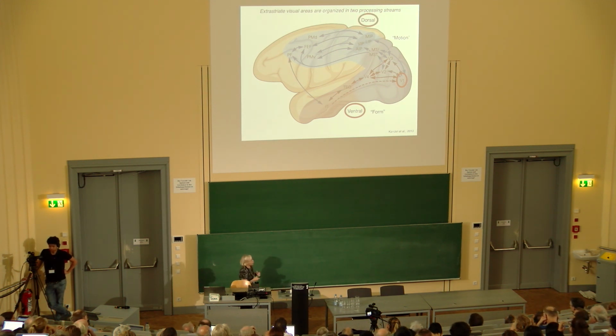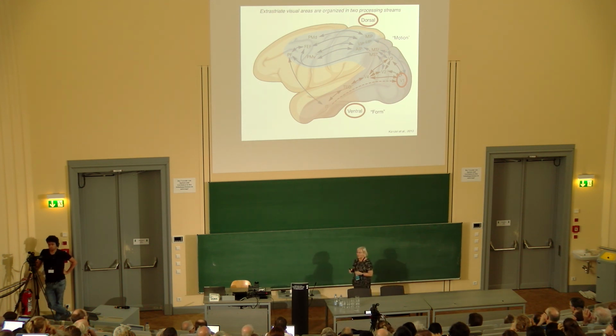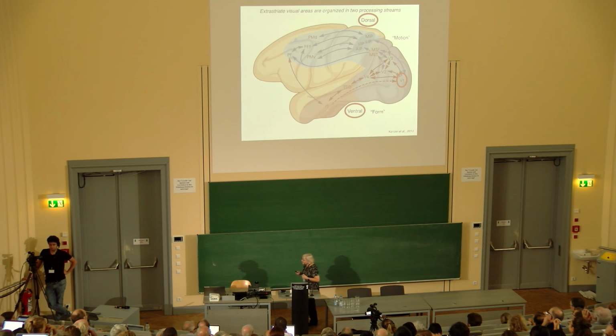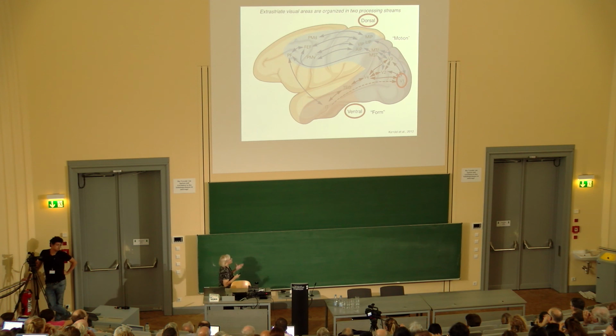And so most of you know that emanating from V1, and also getting input from elsewhere, just to make sure that we don't leave that out, there are 2 parallel processing streams through the visual system, the dorsal stream and the ventral stream, and they're not completely segregated.